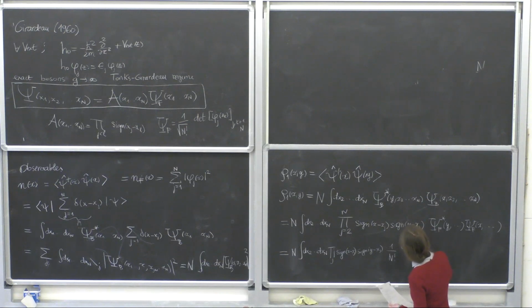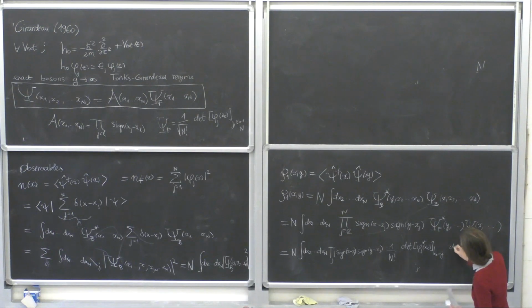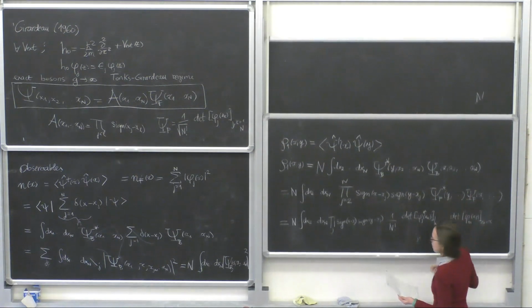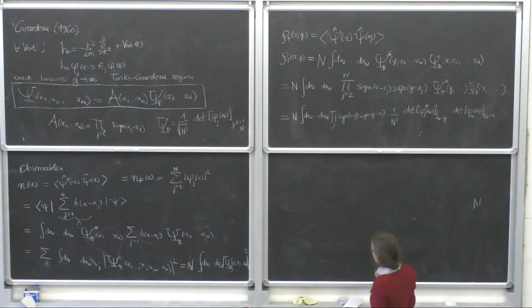So the determinant of phi j of xk star, where x1 is equal to y, and the second determinant of the same form, phi m of xl, where x1 is equal to x. And now I expand the determinants.